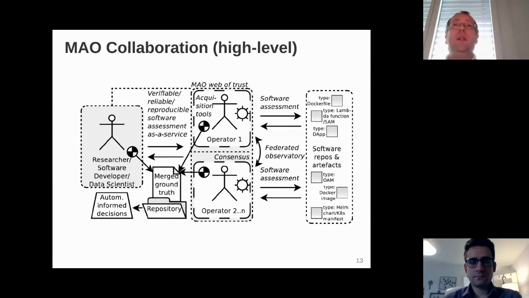Let's look at a concrete example of how MAO is making this happen. In the center, we have a web of trust, an informal web of trust created by the operators of the infrastructure. MAO is a federated infrastructure. So instead of being a centralized entity saying this is the quality of a certain software artifact, we can run the monitoring and the assessment several times and simply compare.